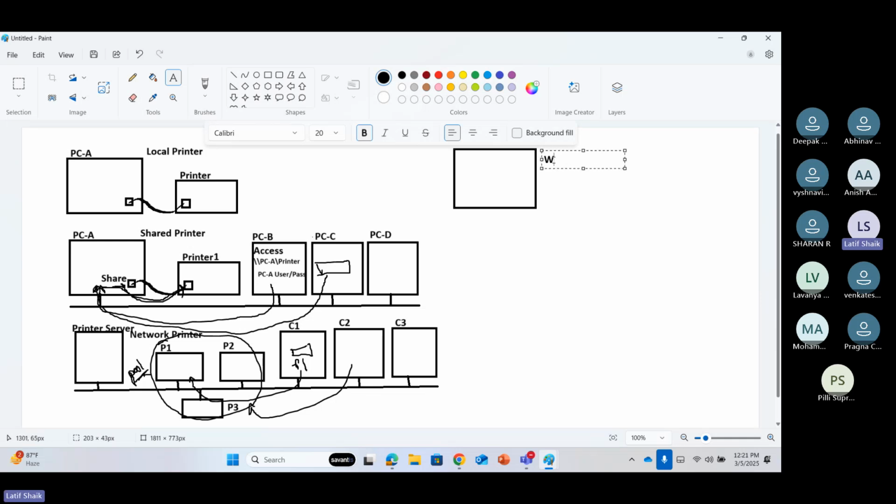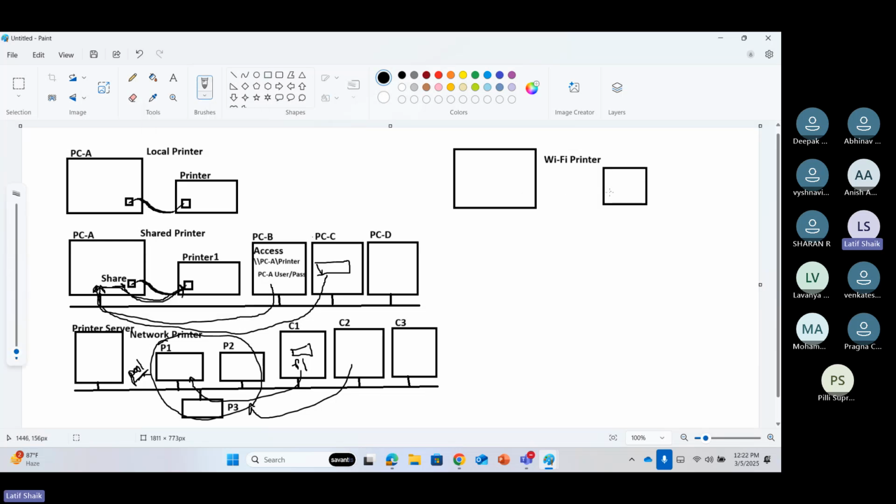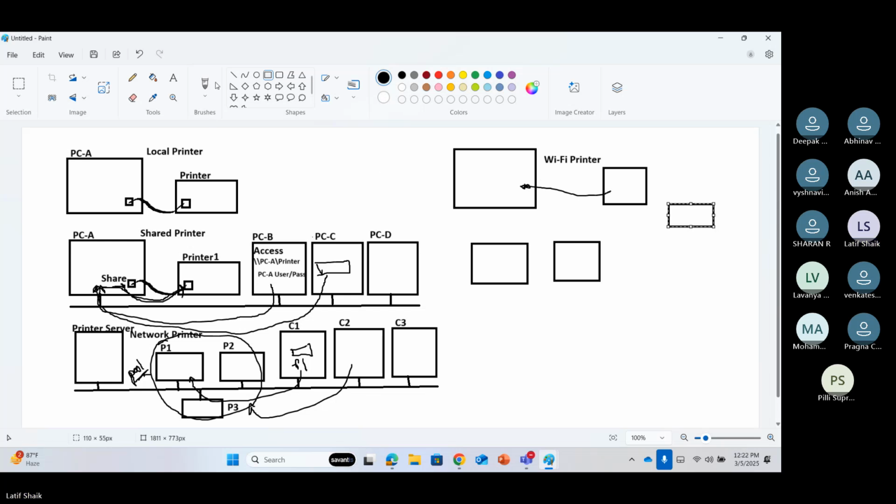Okay, what is this Wi-Fi printer? You can take a print by connecting to the printer using cables. Through the cable you can connect and take a printout. Or wirelessly you can connect from wireless devices, or you can use a Wi-Fi router for connecting.